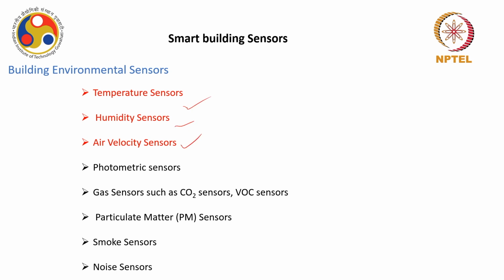However, the discussion on photometric sensors and gas sensors, limited to the built environments, is still pending. Then particulate matter sensors, smoke sensors, and noise sensors have to be taken up. So, we have to discuss all these sensors which have not been discussed yet.